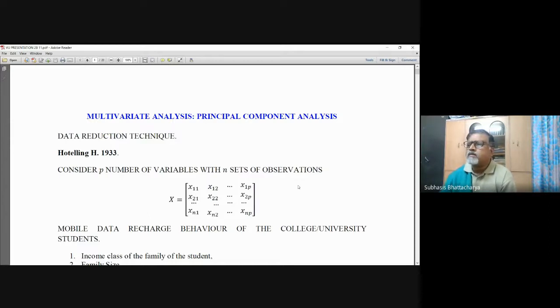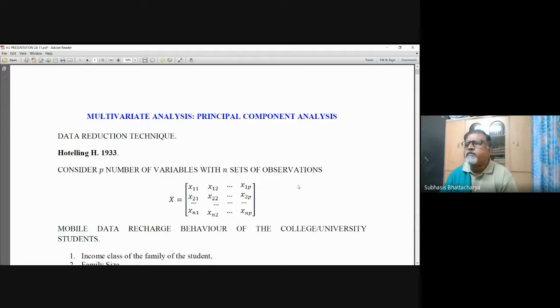So now, for example, I'm not fixing the dependent variable, but suppose we are interested in the mobile data recharge behavior of college-going or university students. This is our field of interest.